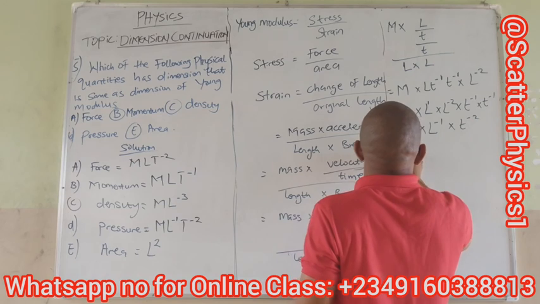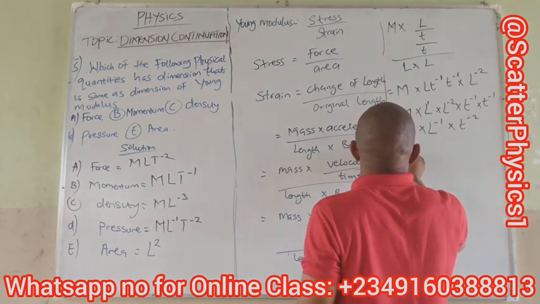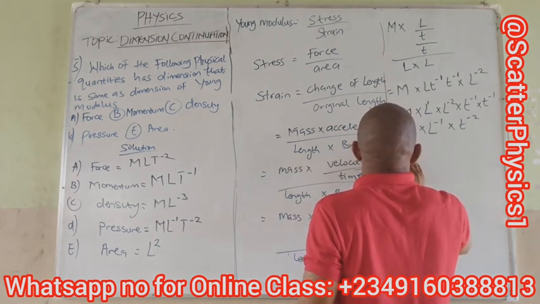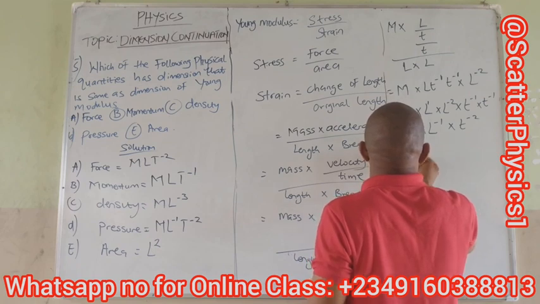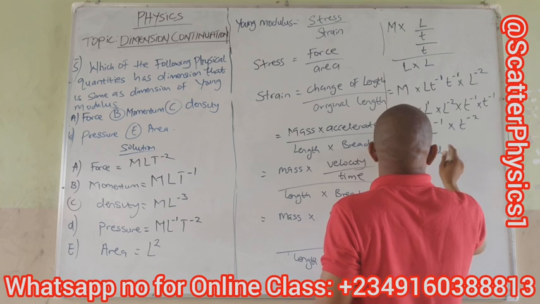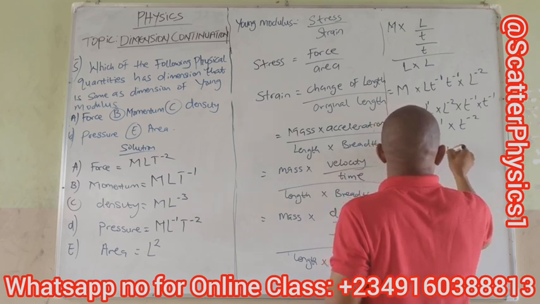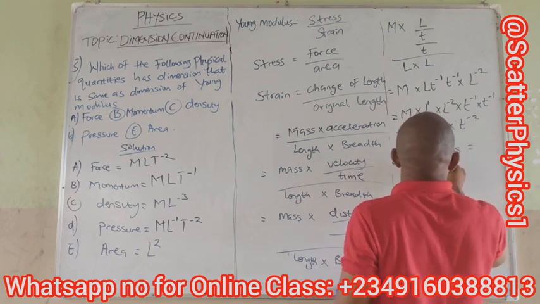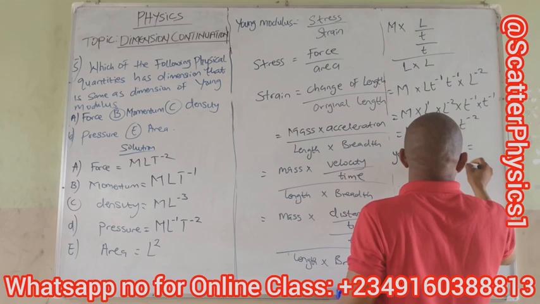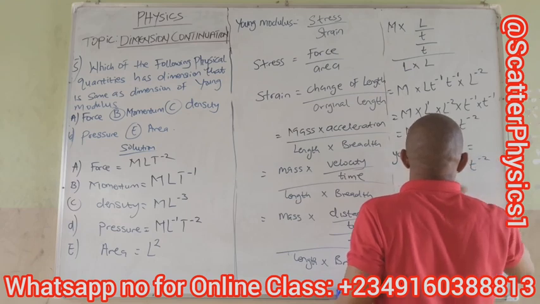So the Young modulus equals M L minus 1 T minus 2.